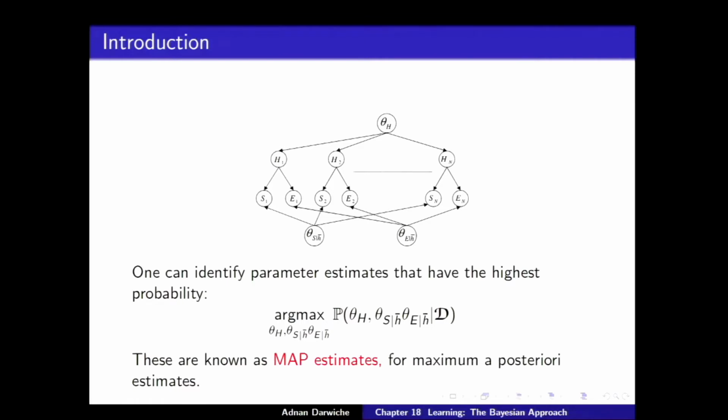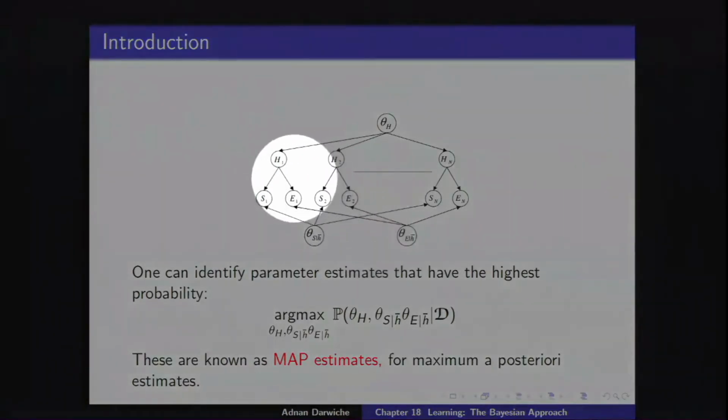For example, look what you can do. You can say, all right, here's my meta-network. I got the data set. I'm going to assert it as evidence. I'm going to compute the posterior over these parameters. Look what you can do. You can say, what is the value of these parameter sets that ends up having the highest probability?